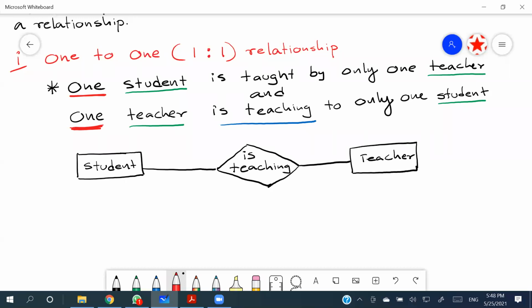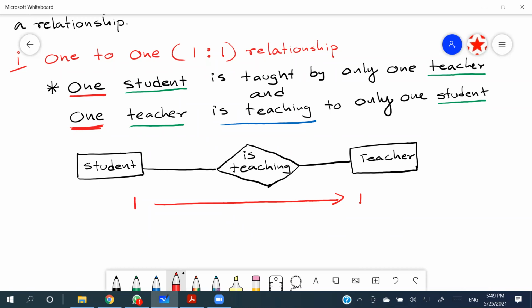One student is taught by how many teachers? That is what you need to consider. And one teacher is teaching how many students? That is what you're going to consider. So according to the given scenario, if we consider that one student is taught by only one teacher, that is when we are reading this relationship from student to teacher.